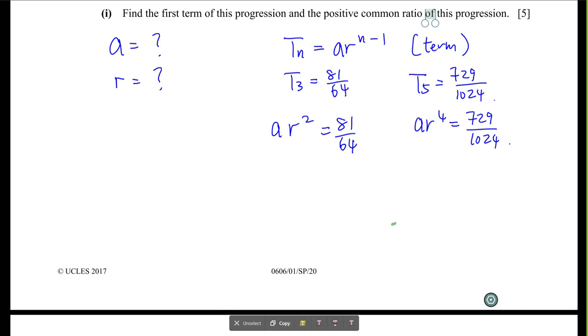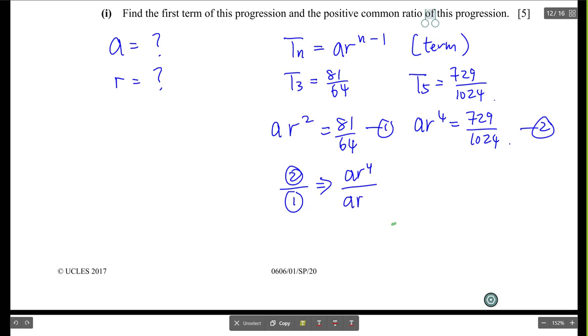Depends what you want to do. I call it the first equation, second equation. I use the second equation divided by the first equation. So you can see this is what happened. AR4 over AR squared. Because by doing the divide here, I actually can get R squared, isn't it? Then here I will do 81 over 64. Sorry, this one I should put at the bottom: 729 over 1024 over 81 over 64.